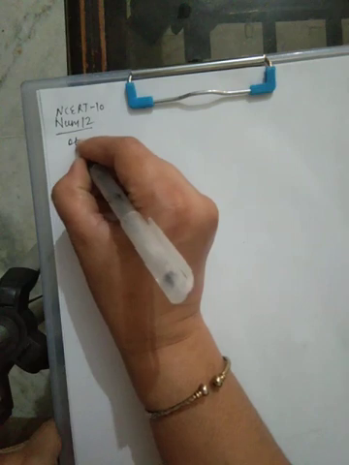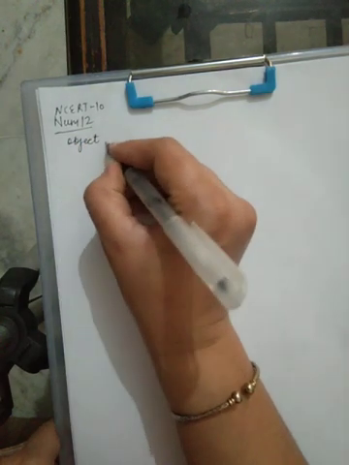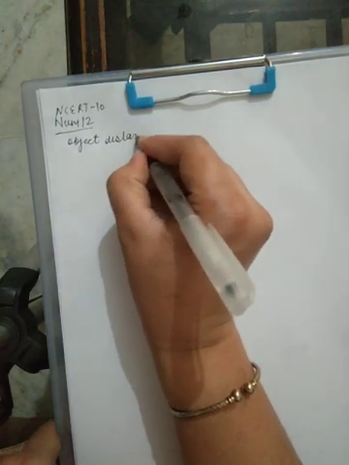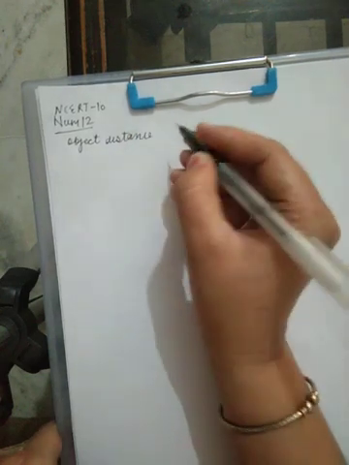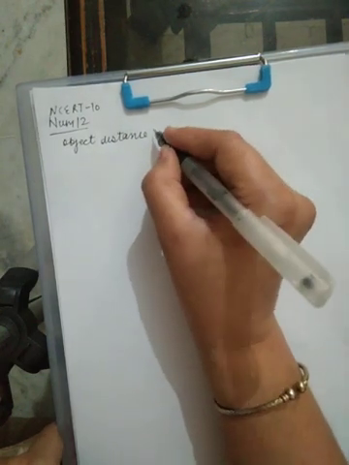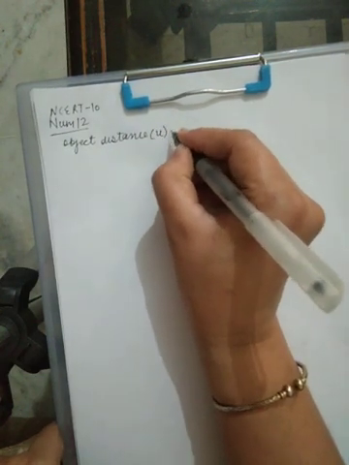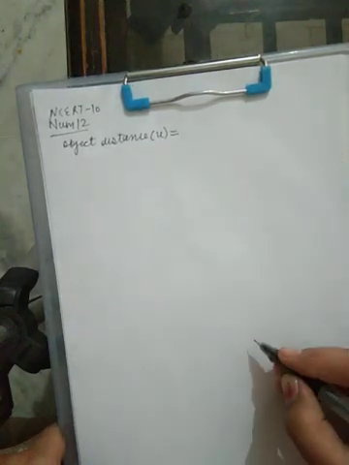Okay, what is given to us? An object is placed at a distance of 10 centimeter. It means object distance. Object is placed means the distance of object. What is its symbol? U. And you know U is always negative.